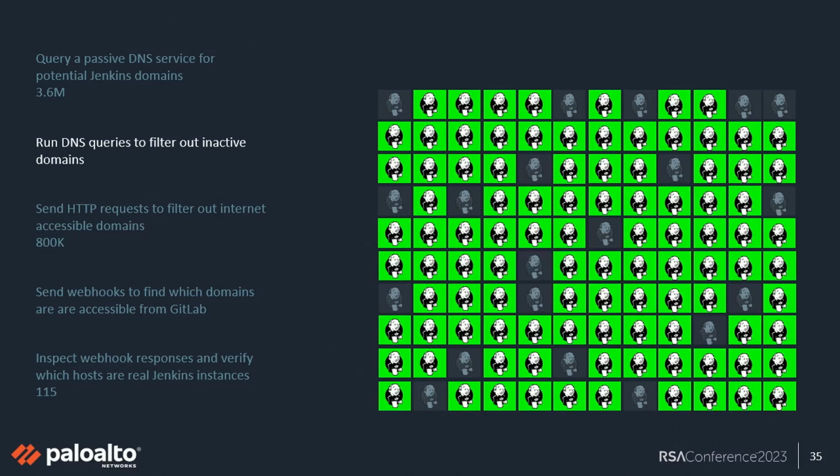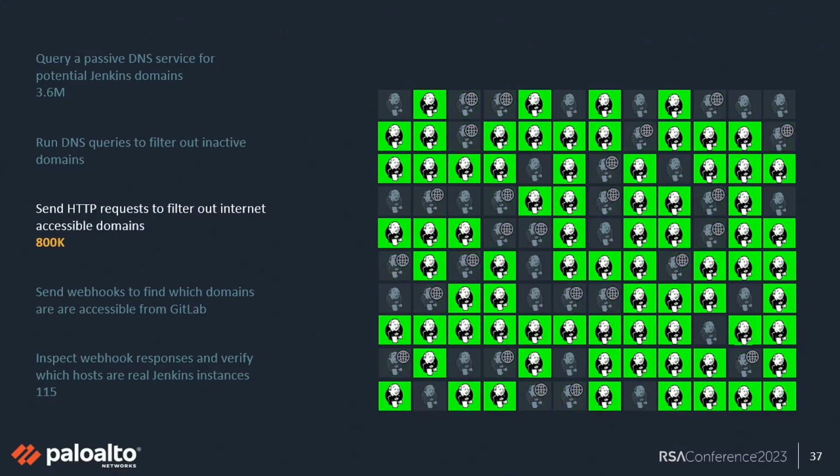All the domains that have internet access are not relevant for us because we're looking for domains that are not accessible from the internet. So we sent HTTP requests to all of those domains. All the domains that had internet access, we filtered them out. And we were left with 800,000 potential Jenkins domains that are potentially accessible from GitLab.